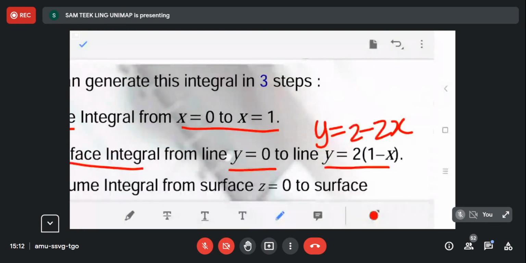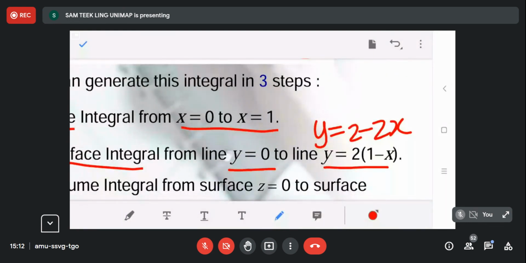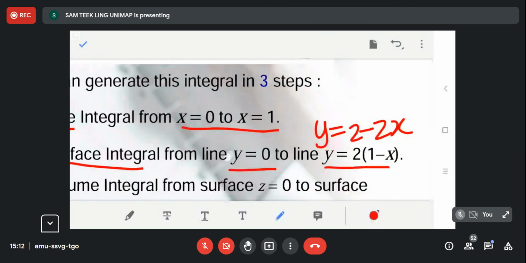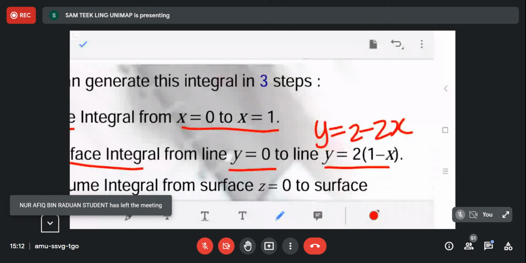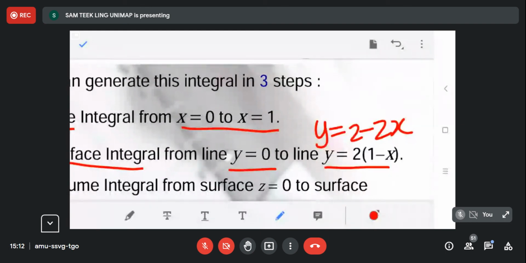You don't need to simplify. If you want to simplify, okay. So my y goes 0 to 2 minus 2x. My x goes 0 to 1. So I got 2 limits already.